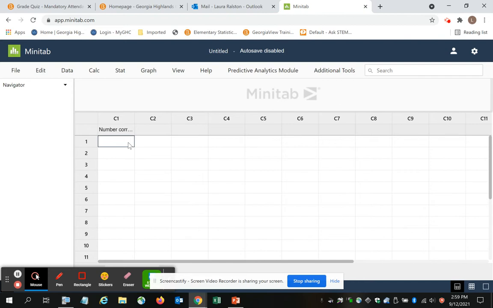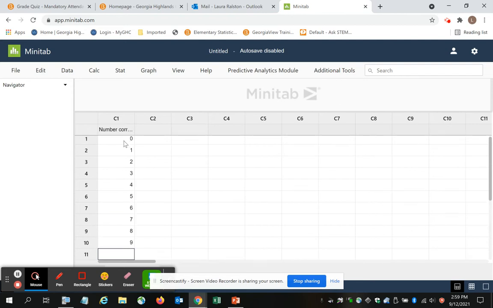You have to start at 0. So I could get 0 correct, or I could get 1, 2, 3, 4, 5, 6, 7, 8, 9, or I could get all 10. So I put in all of the possibilities, up to 10 correct, because there's 10 questions, and we're told that in the problem.